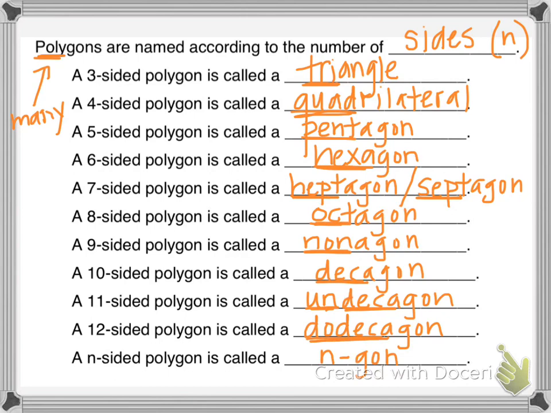So here's a quick story. If you look at the prefixes sept, oct, non, and dec, those also match up with the months September, October, November, December. And you're probably wondering, why isn't September the 7th month? Why is it the 9th month?